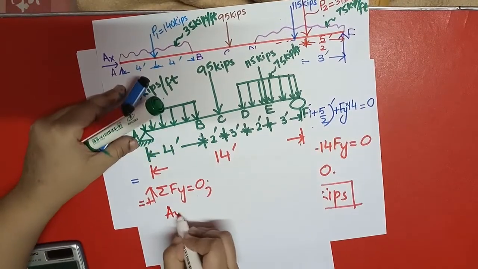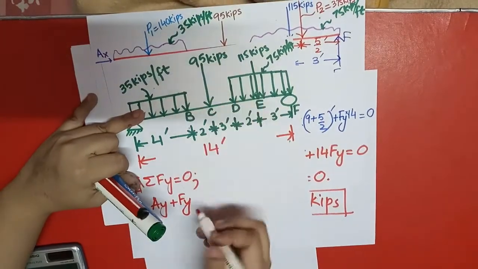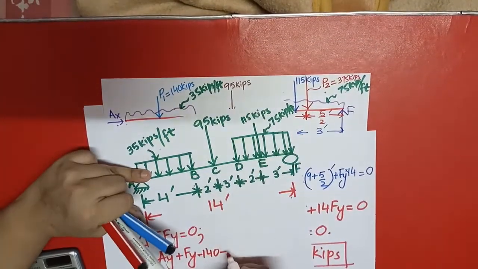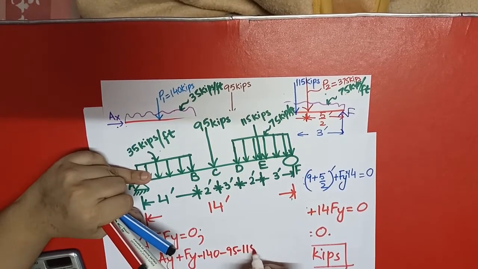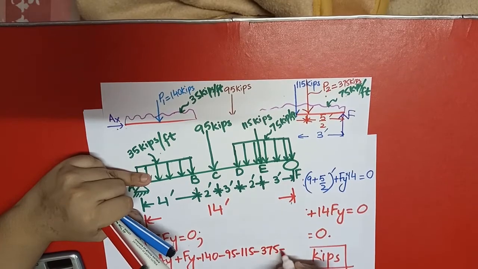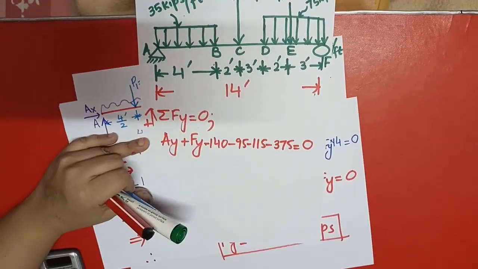So upward Ay plus Fy, I can write it here, and P1 minus 140 minus 95 minus 115 minus 375 equals to 0, and then I have to put the value of Fy also here.